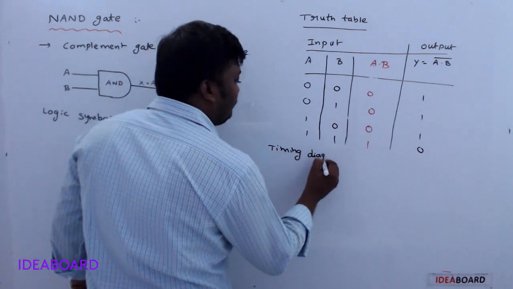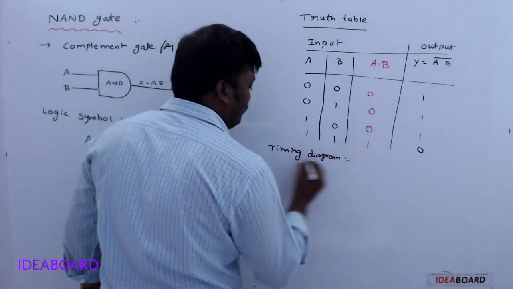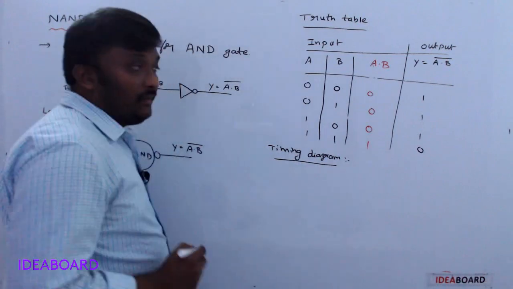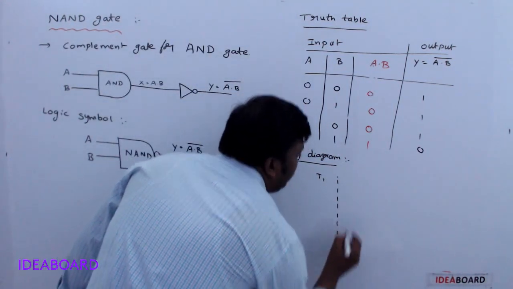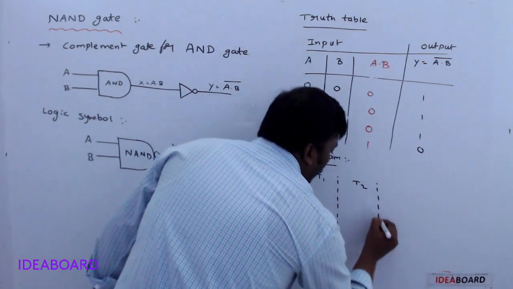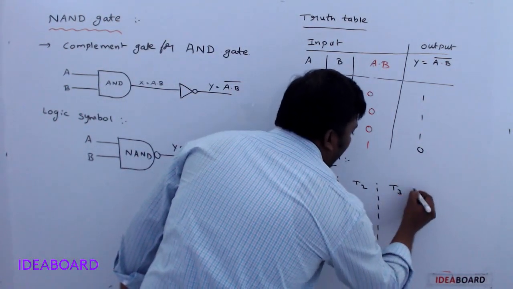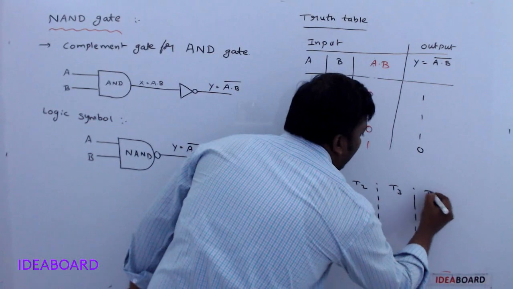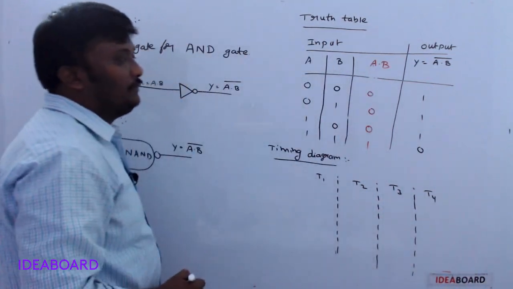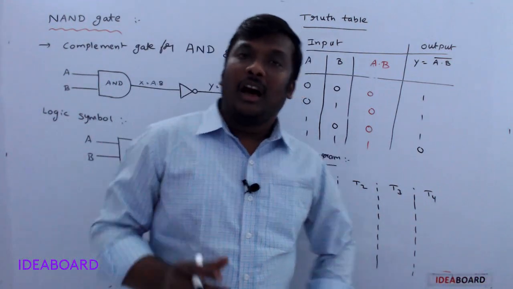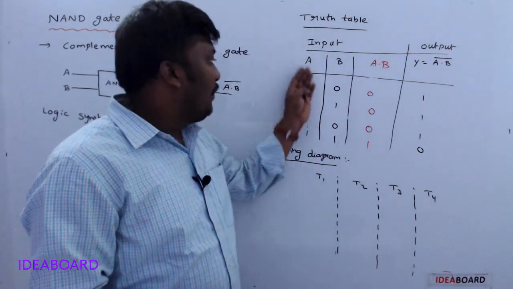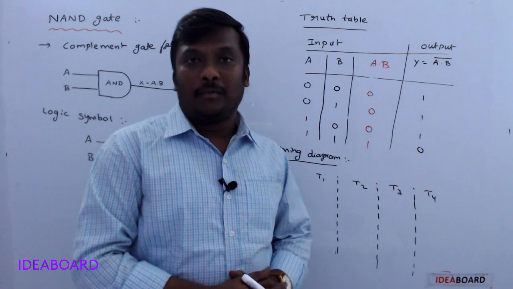Now, the last one, the timing diagram. Okay. So take T1, T2, T3 and T4. We said previously in the NOR gate also, at a time all four combinations cannot be measured.